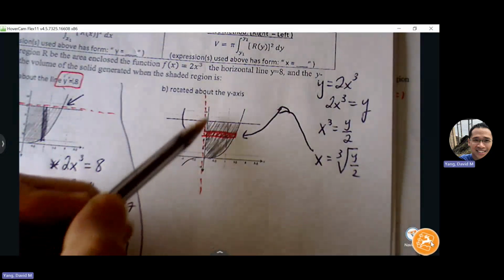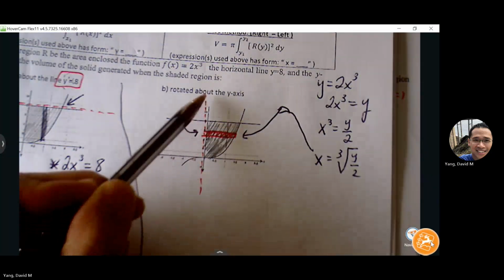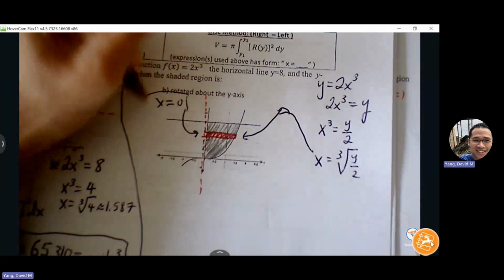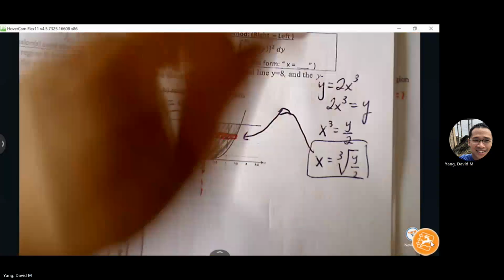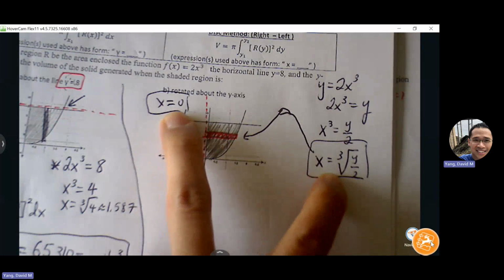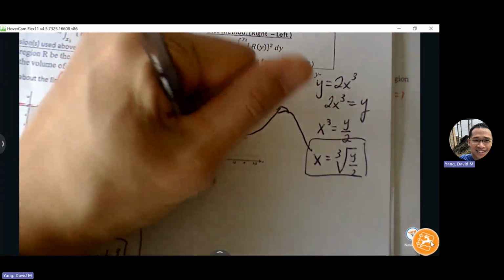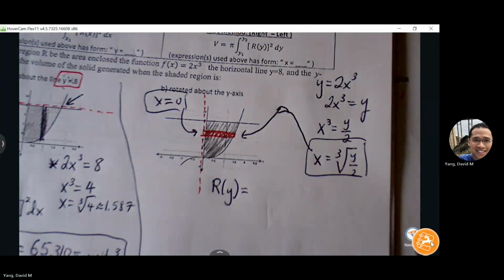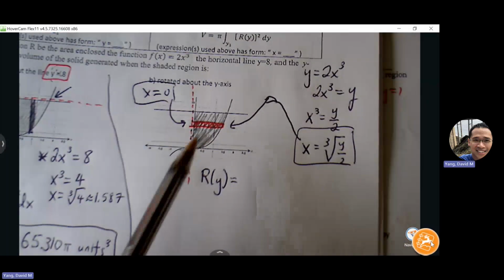What's the equation of this line? X equals 0. Notice how both equations are in the appropriate format for my right minus left formula. Okay, let's build our radius. But now it's r of y, not r of x. We'll do right minus left.